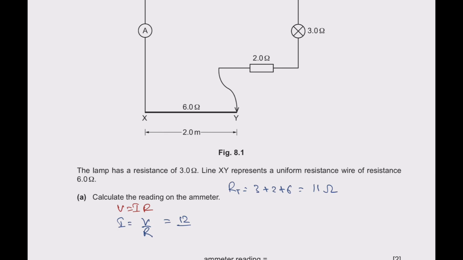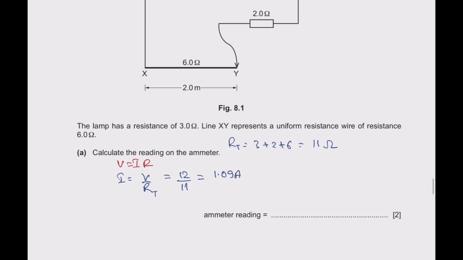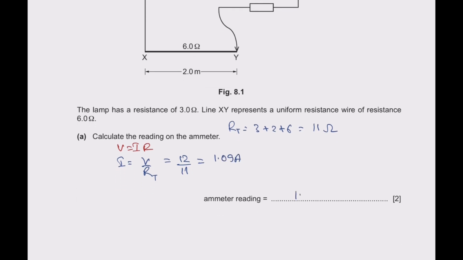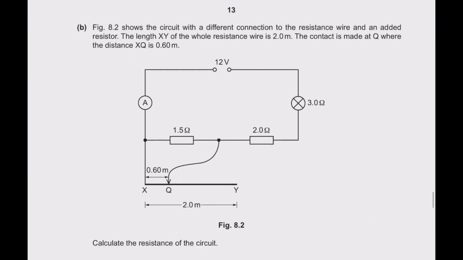So 11 ohm will be the total resistance. So 12 upon 11 is 1.09 ampere. Rounding off to two significant figures is 1.1 ampere. Simpler one. Okay.